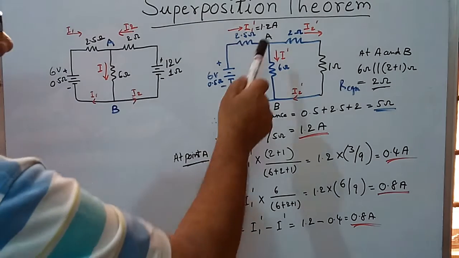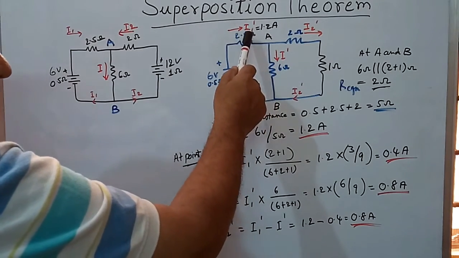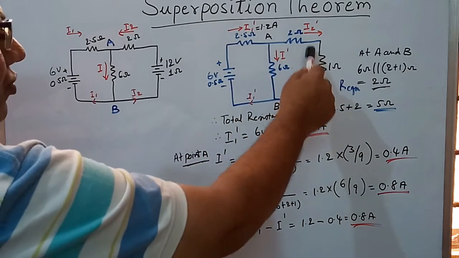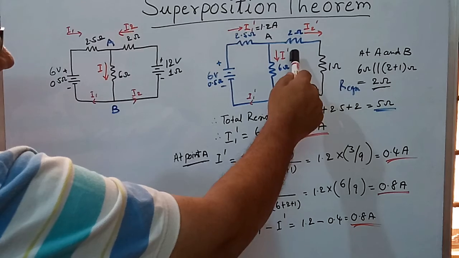Now at point A, this I1 dash, which is 1.2 ampere, will be split into two branches.